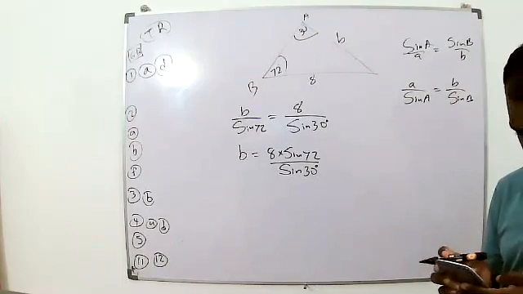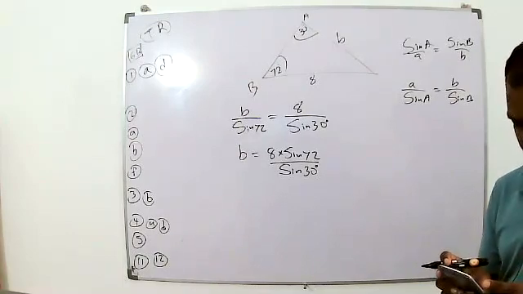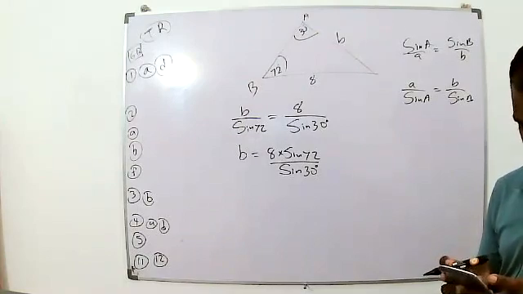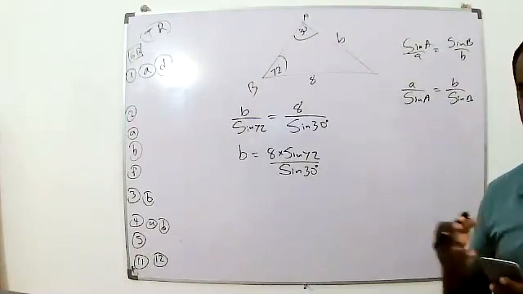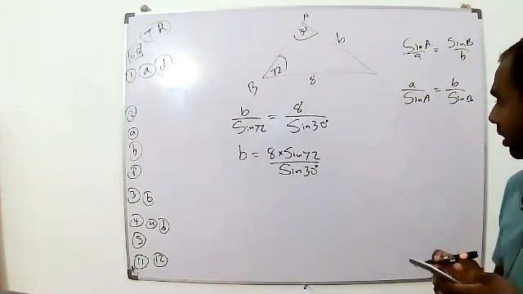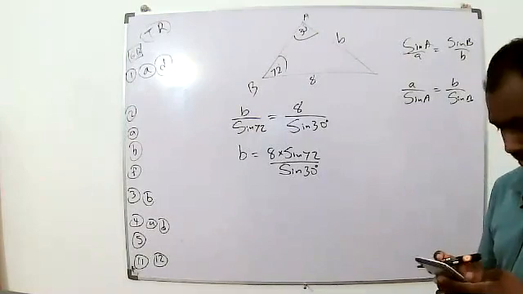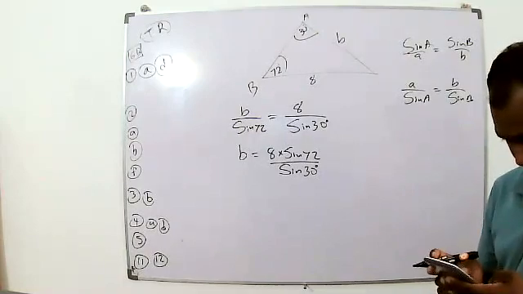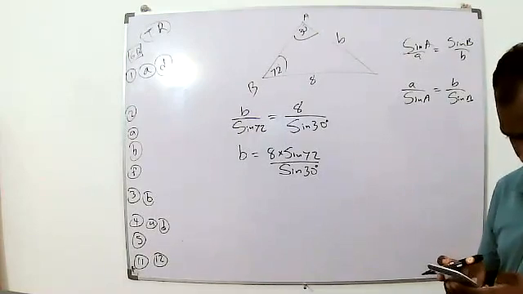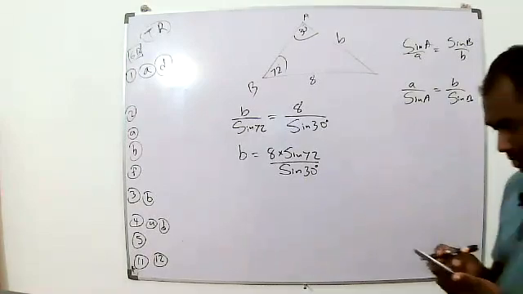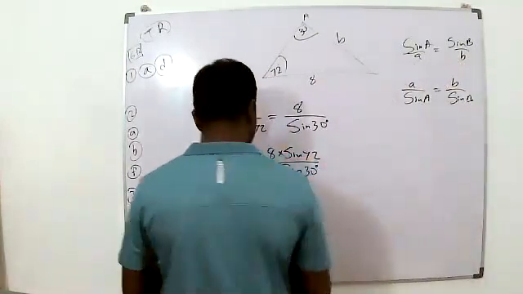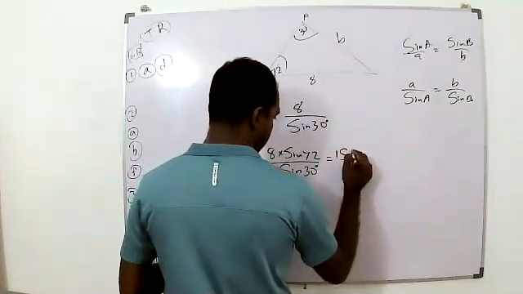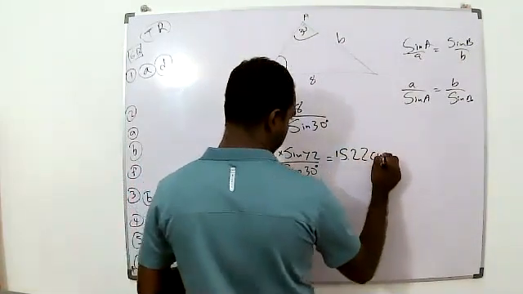Make sure that if you are applying degrees, your mode is in degrees, not in radians, so you will not get wrong answers. How much? 15.21, no? 15.22 centimeters.